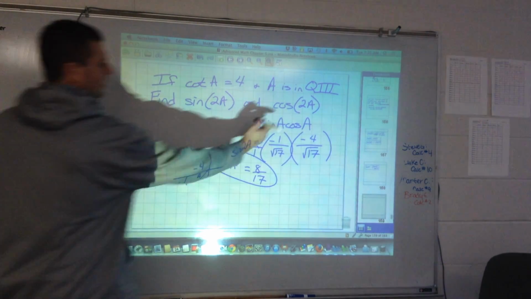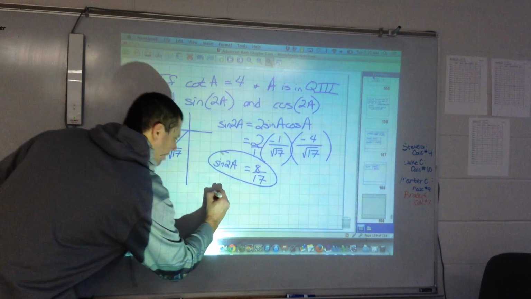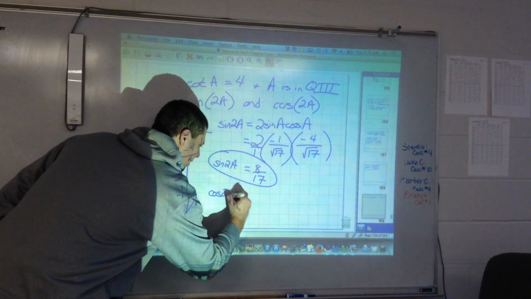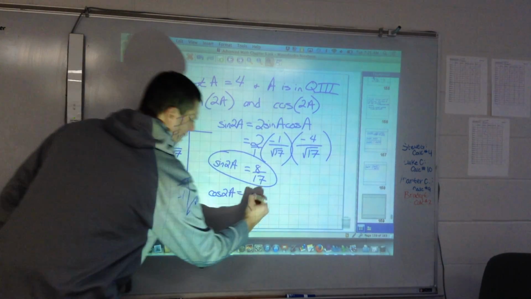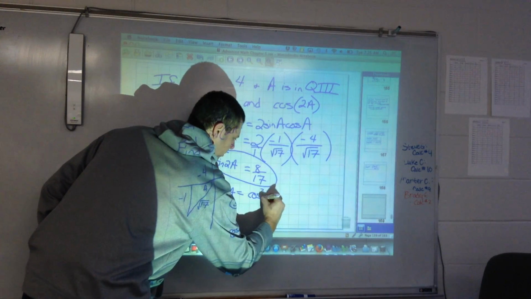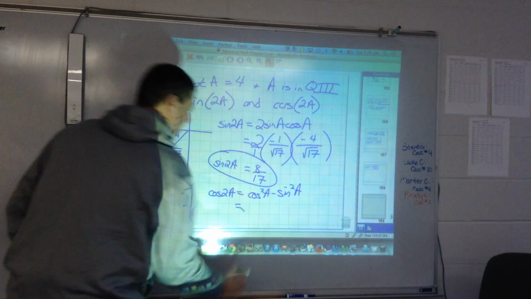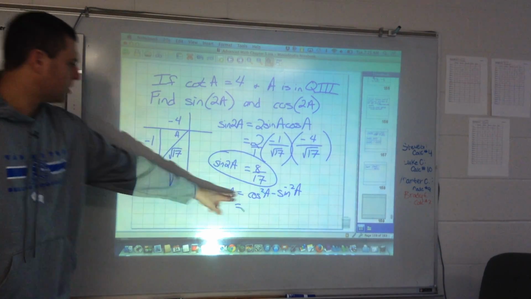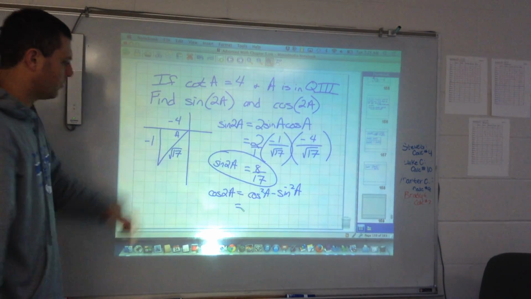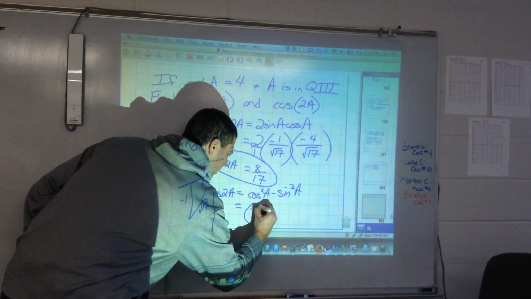Then all I do is the cosine of the double angle formula. So the cosine of 2A, pick any one you want. I'm going to pick the squared one, so the cosine squared A minus sine squared A. Again, the cosine of angle A would be negative 4 over root 17, but I got to square it.